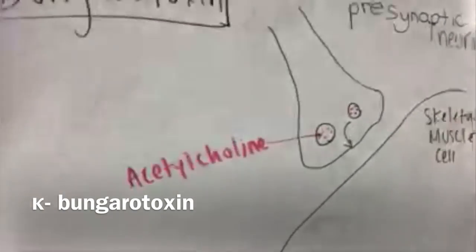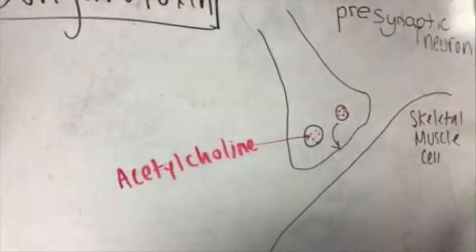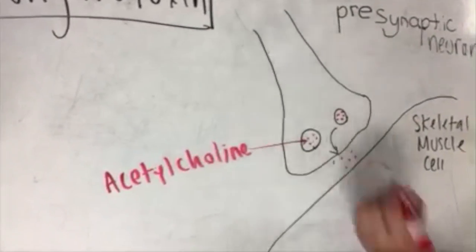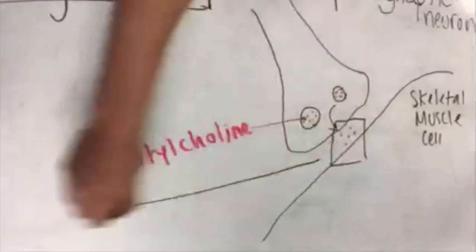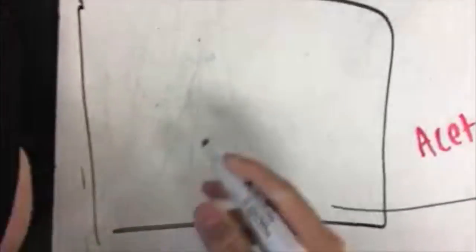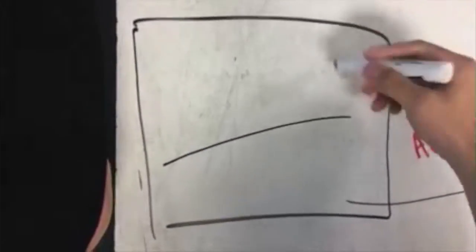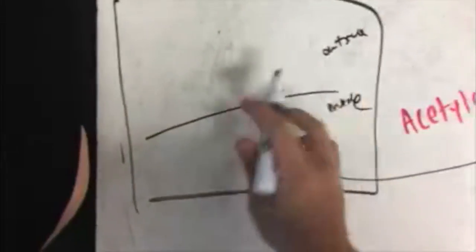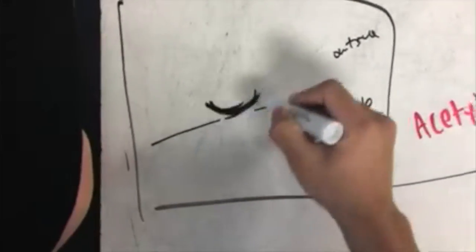Acetylcholine is a neurotransmitter that communicates signals from the nervous system to skeletal muscle cells. As you see here, we have acetylcholine on the outside of the cell, and on the cell membrane the nicotinic acetylcholine receptor.